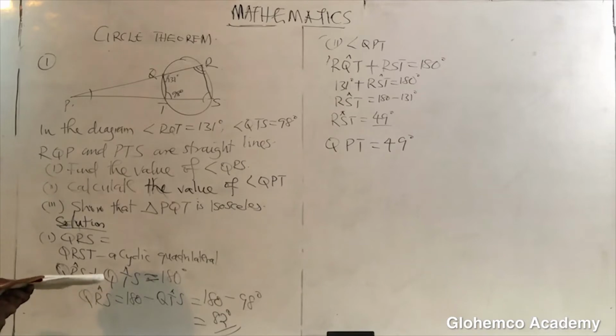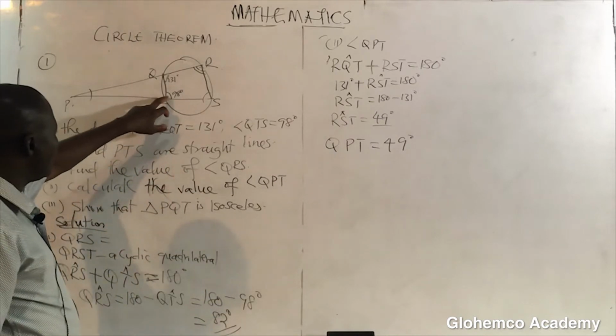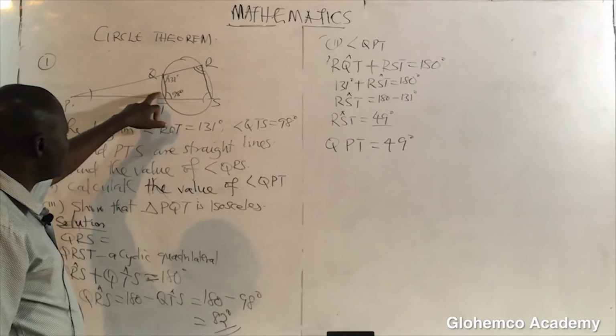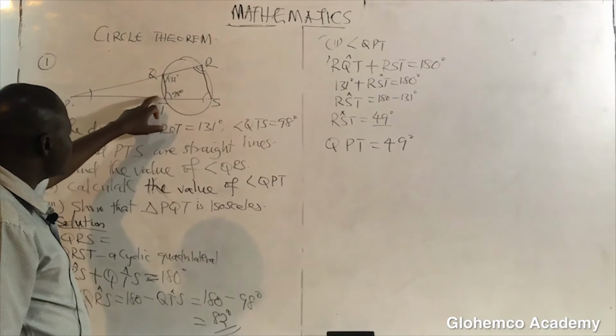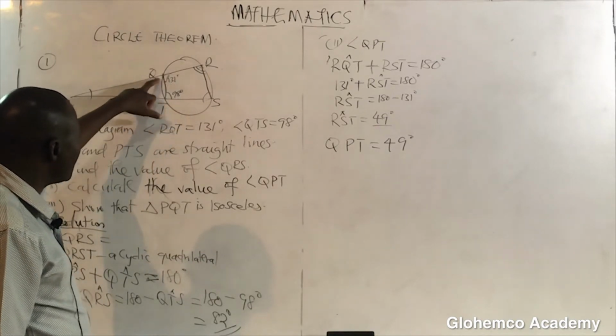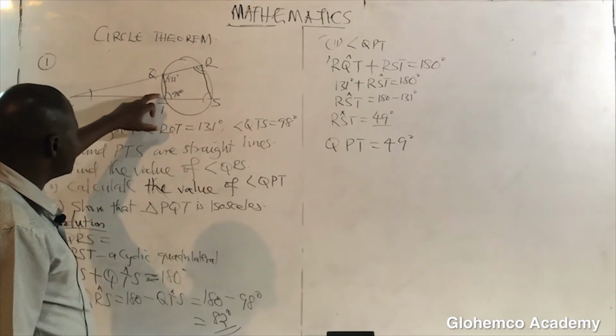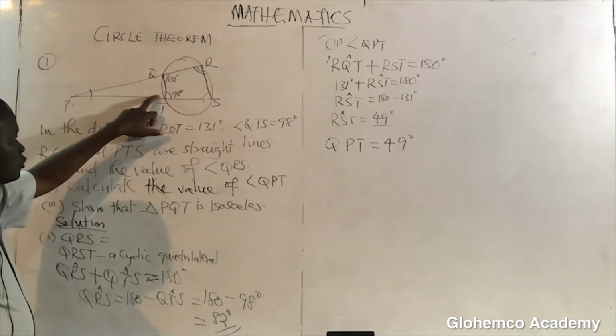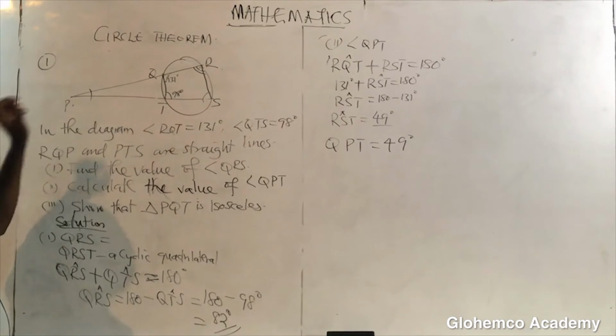Alternatively, you can still go ahead and find the angles to this one. Subtract this one from 180, this one will give you 82. Subtract this one from 180, this one will give you 49. So 49 plus 82, you add it together, subtract from 180 will give you this angle.